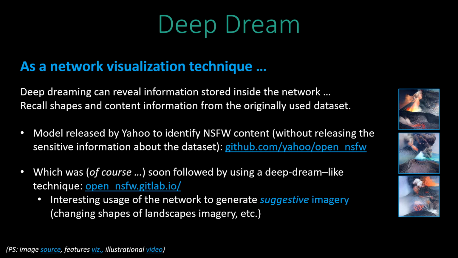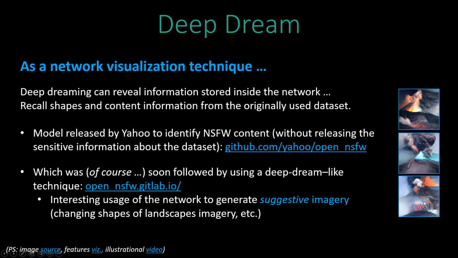And not only that, I think it's quite a nice example that this deep dream technique can be used to mix images through different genres. So they are using this network to generate suggestive imagery of a landscape mixed in with some other types of shapes.